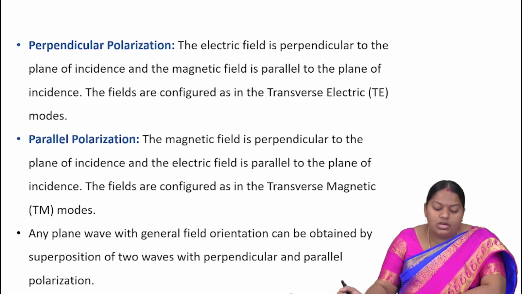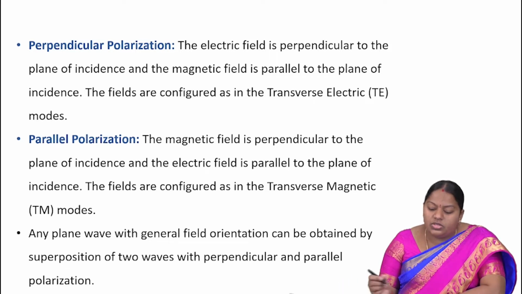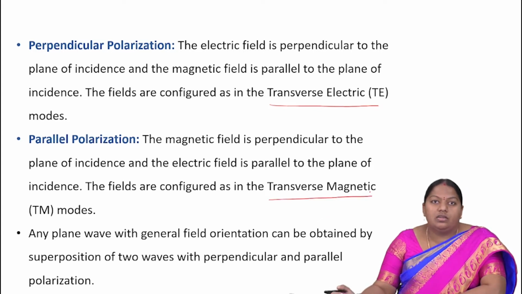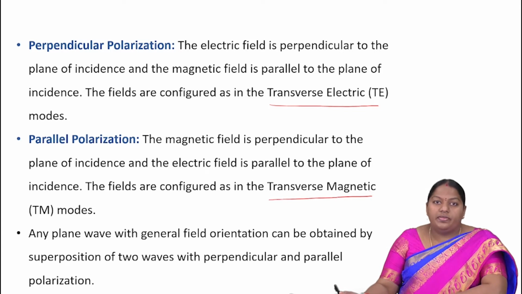In parallel polarization, the electric field is parallel to the plane of incidence and the magnetic field is perpendicular to the plane of incidence, and the fields are configured as in the transverse magnetic modes. So under perpendicular polarization, we are going to learn about TE modes, and under parallel polarization, we are going to learn about transverse magnetic modes or TM waves.